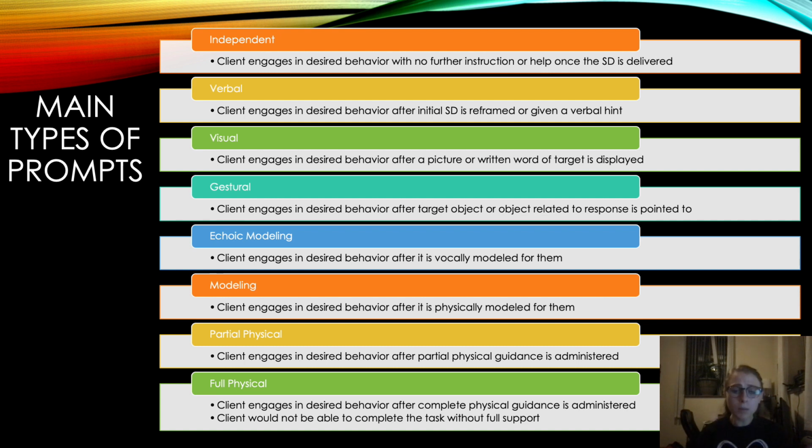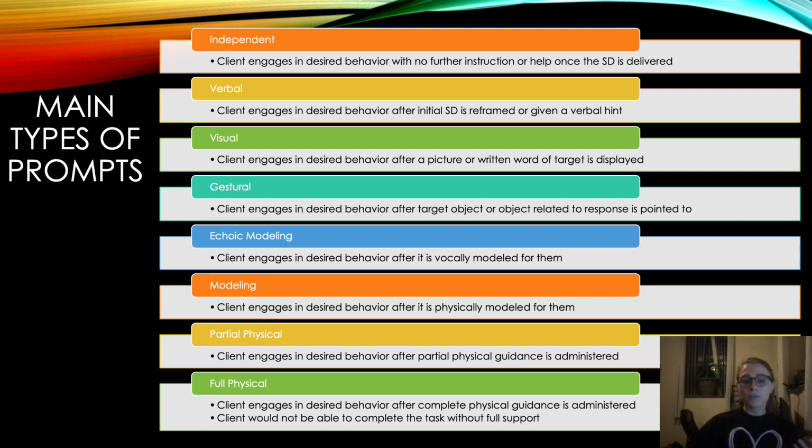So partial physical prompting is physically guiding them to the response, but not necessarily completing that response for them. So this would be when, if you want them to match blue, maybe you just nudge their arm a little bit. Or if you want them to sit down, maybe you guide them to the chair. That would be partial physical.